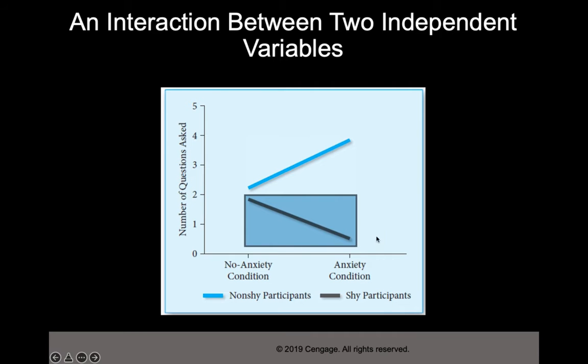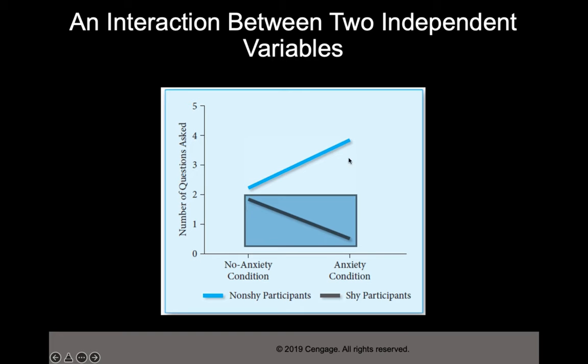However, when we look at the third component, let's say we add the part of shyness. That's the confounding, or that's the third variable. That's the interaction effect that's created. So if a shy person is put in an anxious condition, then they will ask fewer questions, as you can see.